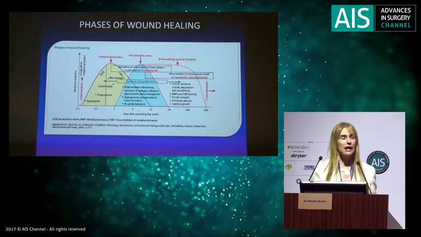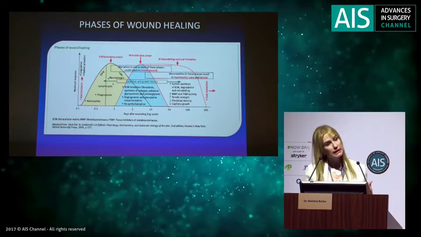The first phase in wound healing is what we call the wet phase that takes place immediately after an injury happens. All the components of the complement and the coagulation factors get out to stop the bleeding and form the thrombus.